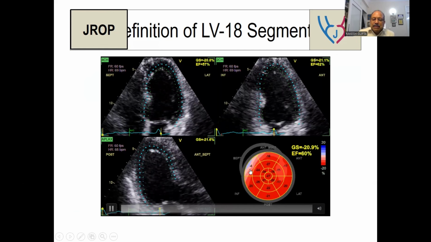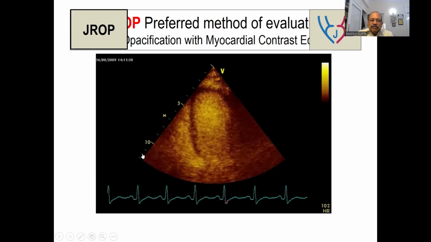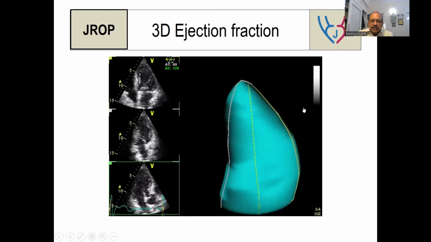The problem did not remain the same. When we looked at these segments in two-dimensional strain, we were taking care of apical anterior septum and apical posterior wall also. More confusing. This is what we do majority of the time in our center when we don't have any good imaging qualities.